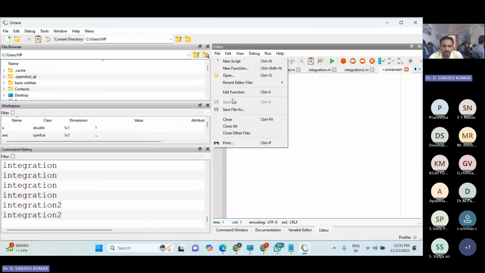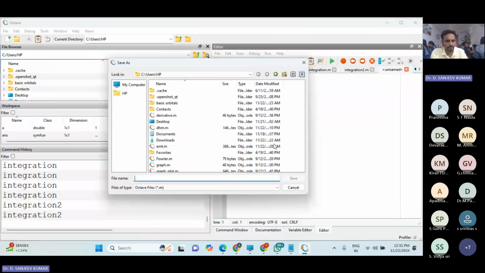I'm opening a new file with the name diff1.m, because diff is a built-in function, you cannot use that.